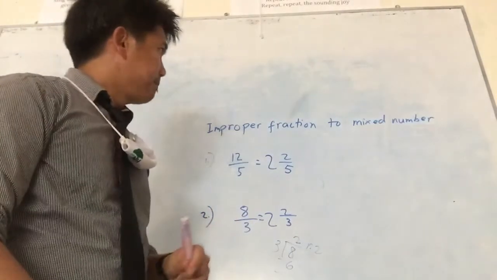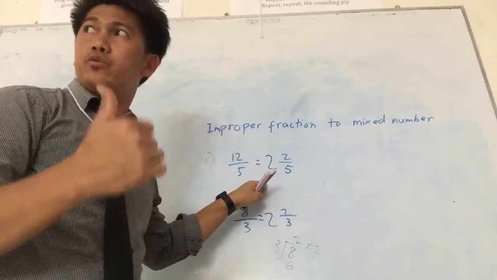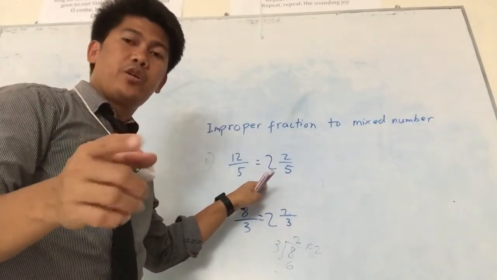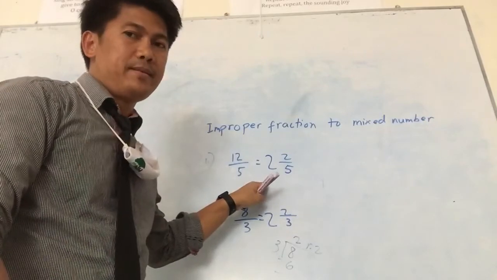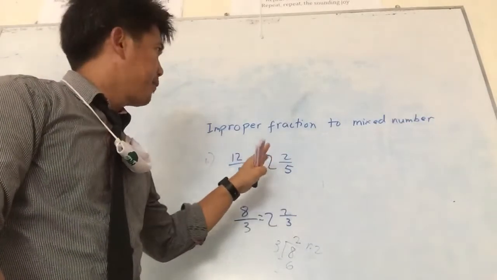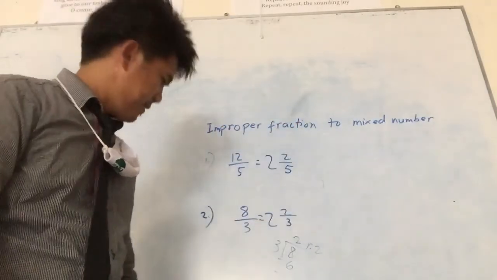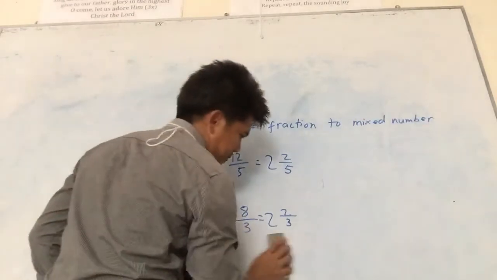Now, in the next video, I will be teaching you how to simplify. Because there are sometimes answers from an improper fraction to a mixed number that need to be simplified. Let me give you an example.